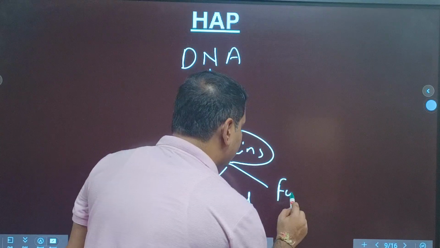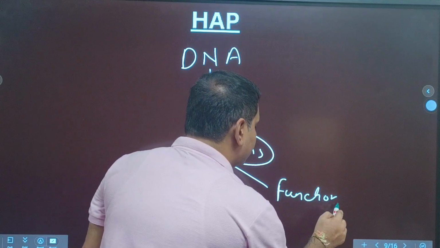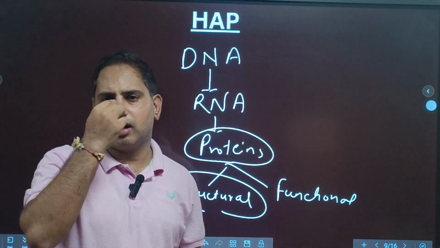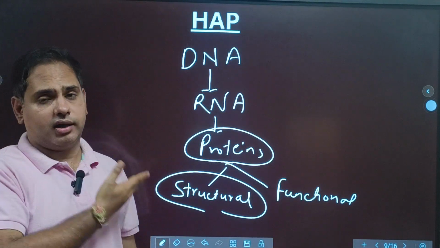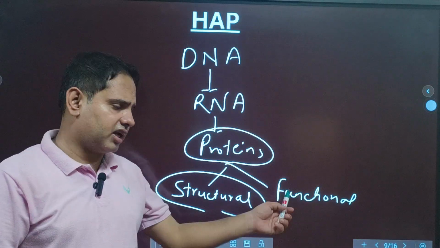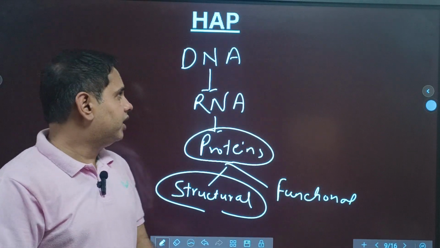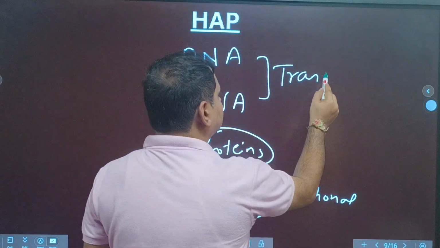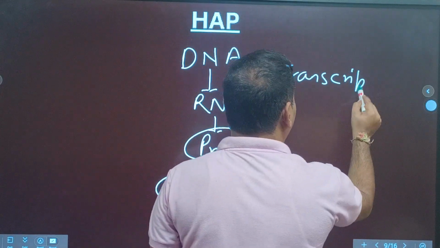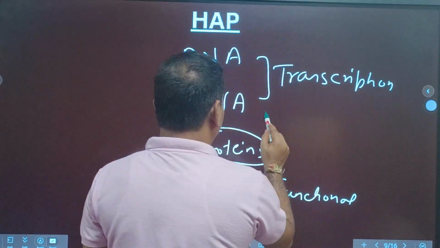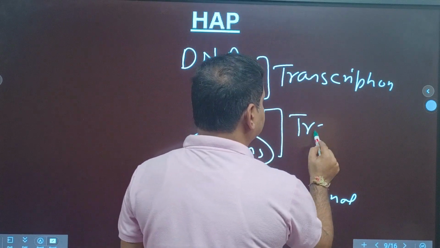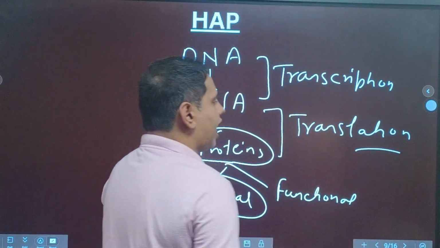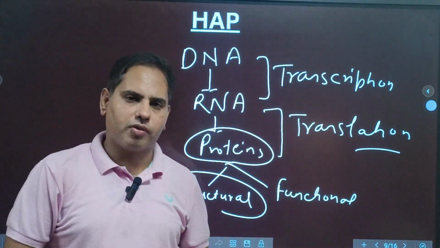Depending upon structural proteins, आपके नाक का साइज कितना होगा, आपके आँख का क्या कलर होगा, that is your structural protein. How it functions, that is your functional protein, right. So DNA to RNA we call transcription, and RNA to proteins we call translation, right? And this we also call the central dogma of life.